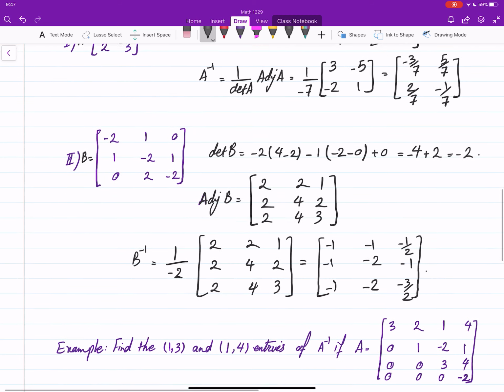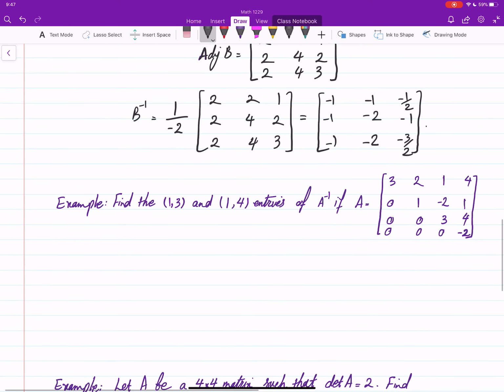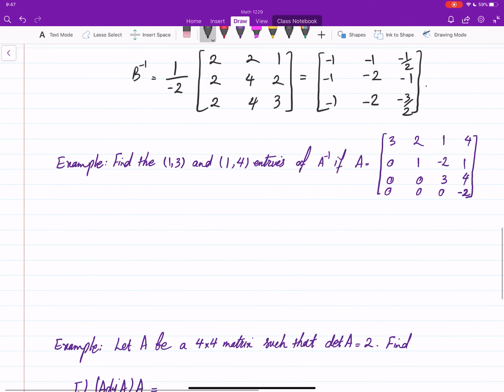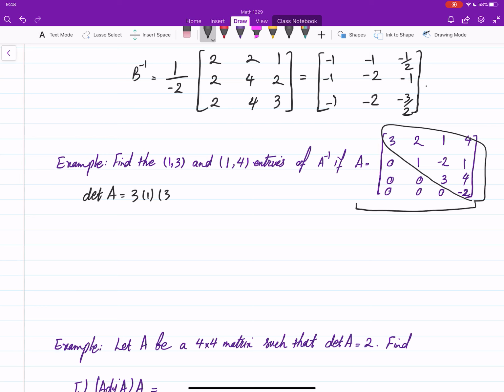Well, knowing this fact would be nice when you're interested in only 1 or 2 entries of A inverse. For example, this is a 4 by 4 matrix. It is invertible. Why is it invertible? Because this matrix is actually upper triangular, and its determinant is the product of the entries on the main diagonal.